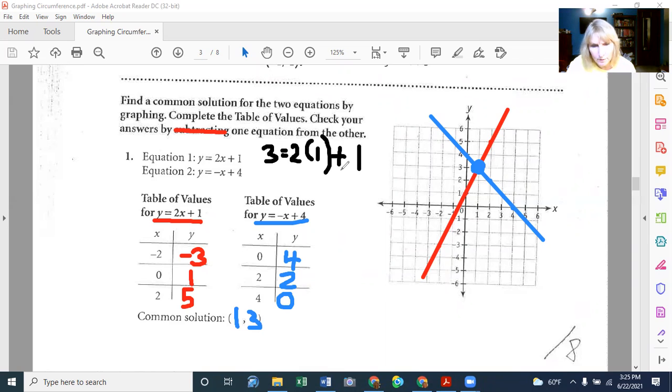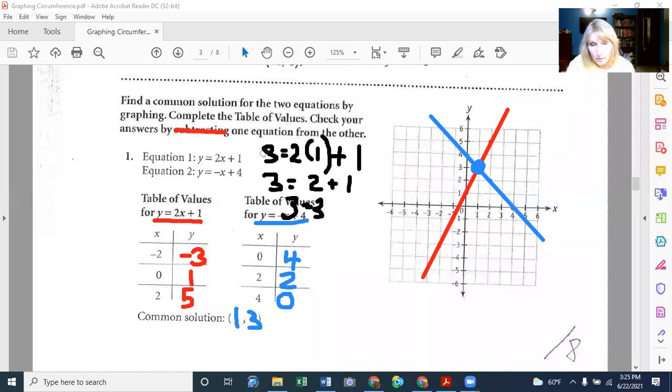So that equals 3 equals 2 times 1 is 2 plus 1. So 3 is definitely equal to 3. So that solution works for the first equation.